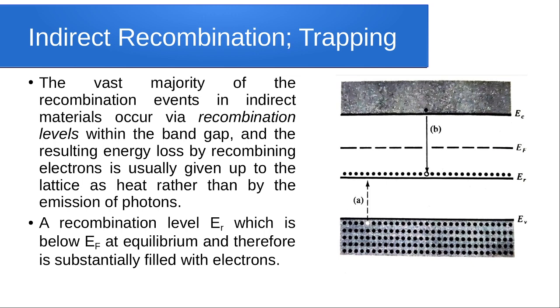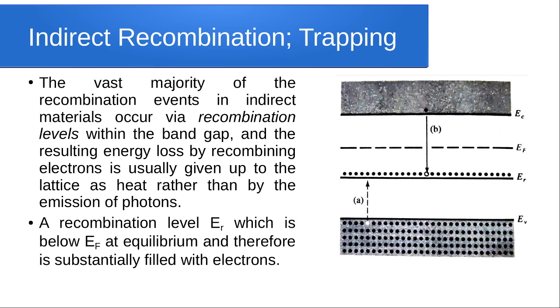So, contrary to the direct recombination, in the case of indirect recombination, an electron from the conduction band will not directly move to the valence band hole, but it will move to a different level known as a recombination level, and from the recombination level it moves to the valence band hole. That is why it is known as the indirect recombination.